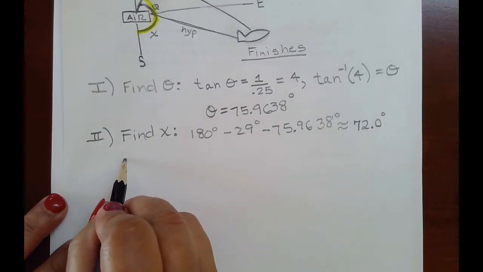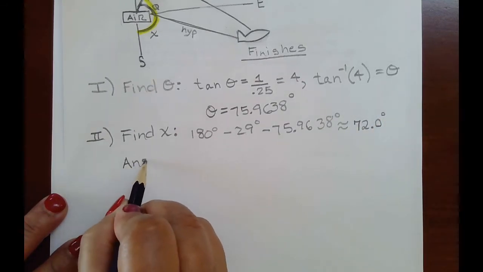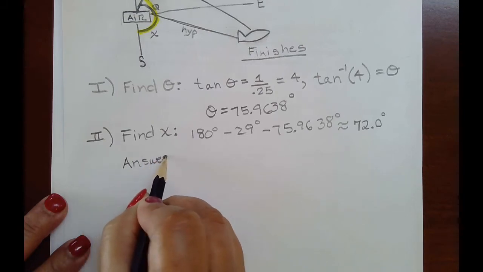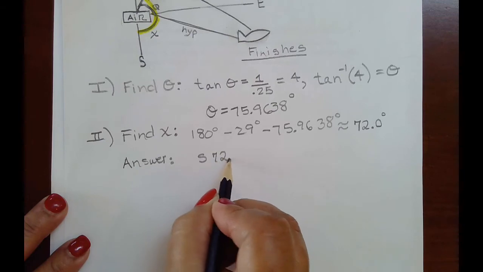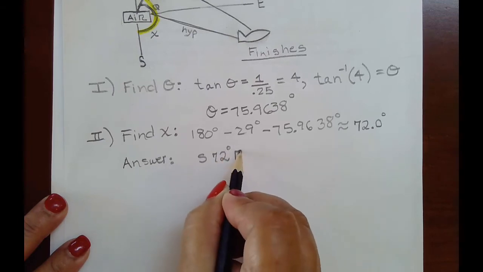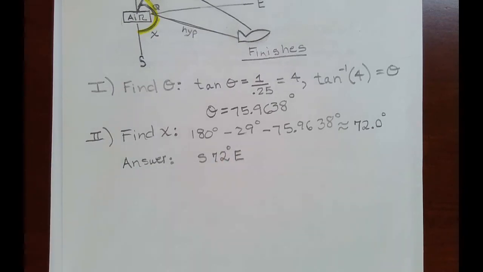So final answer is south 72, southeast bearing of 72 degrees. Okay, so that's number 12.